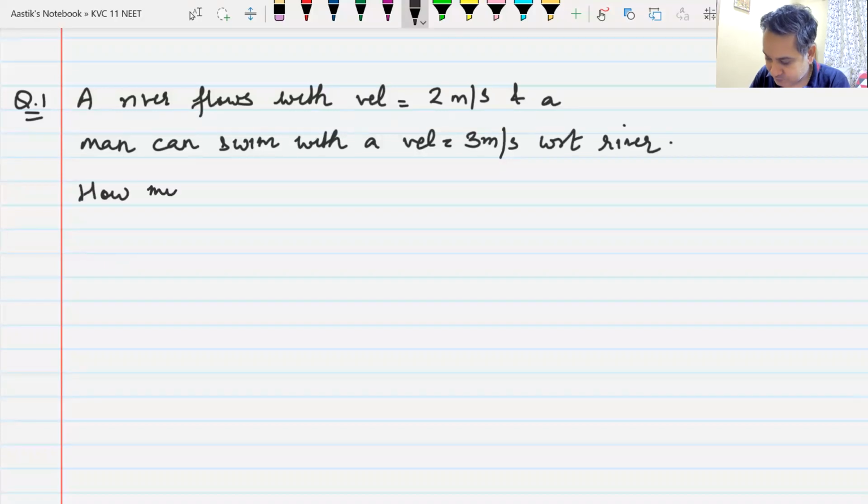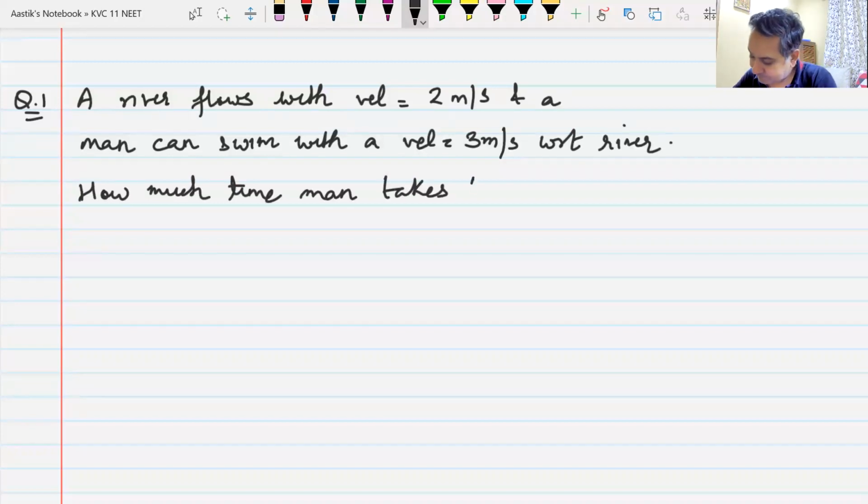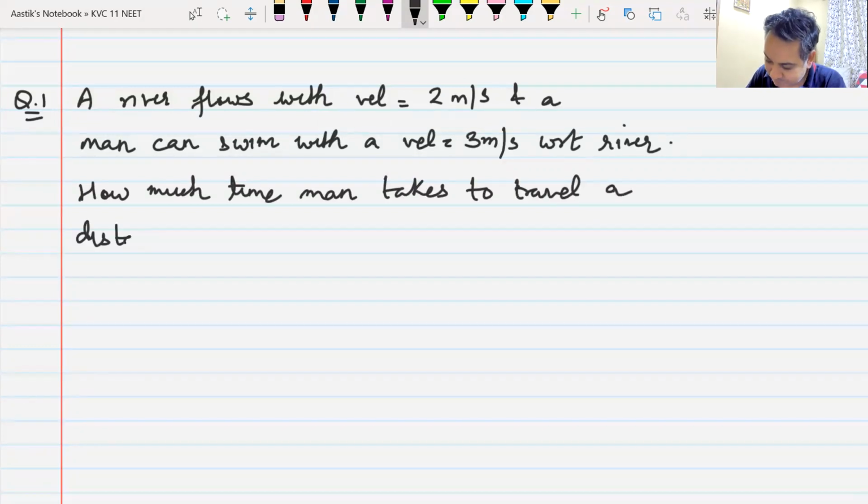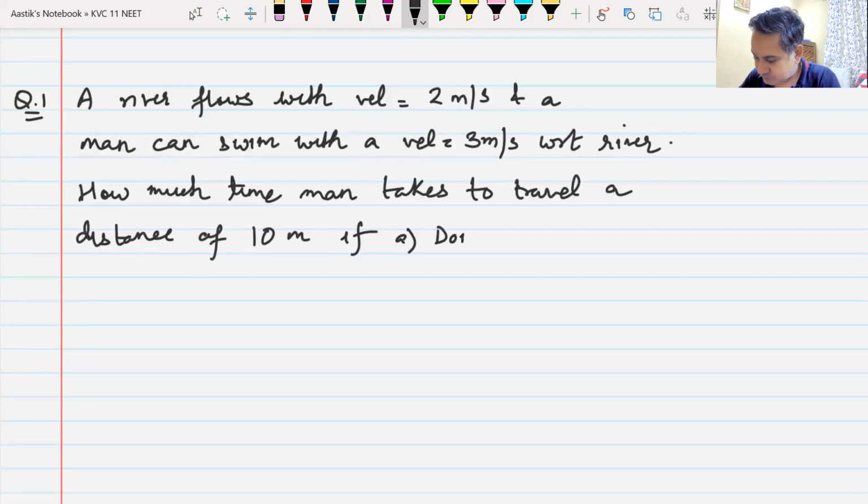How much time does the man take to travel a distance of 10 meters if A, he goes downstream, B, he swims upstream?